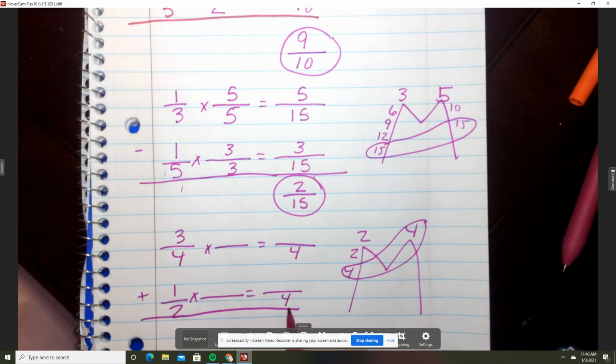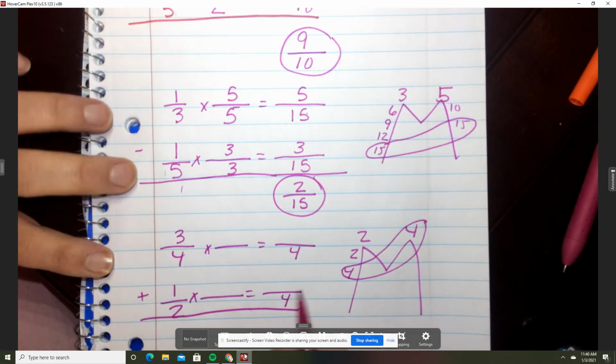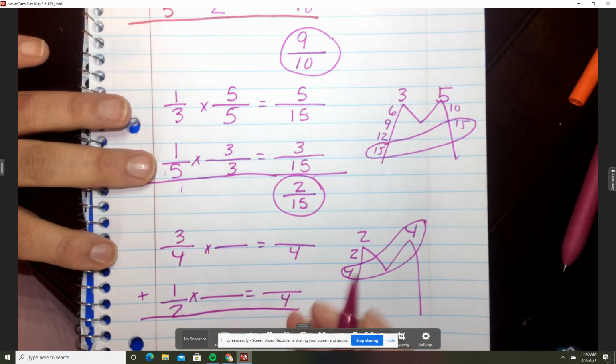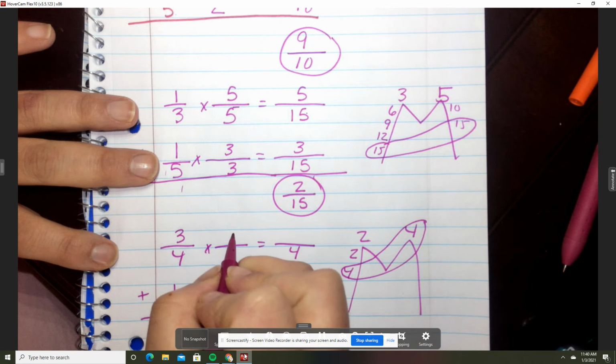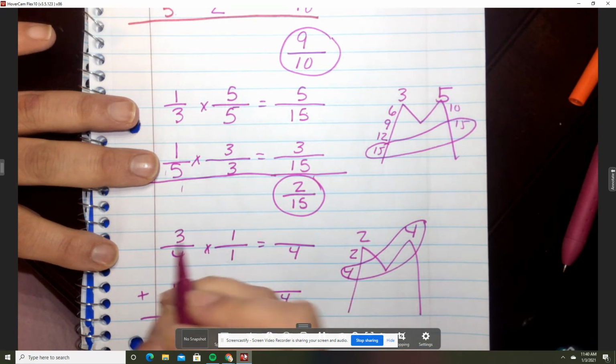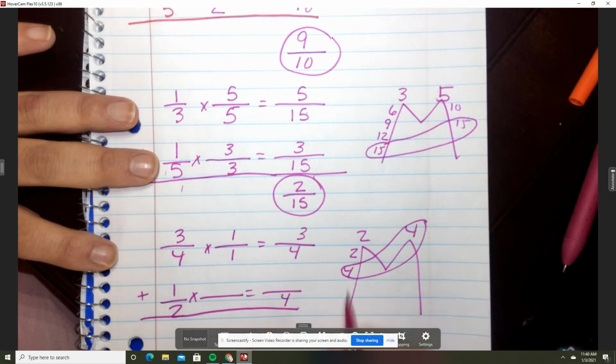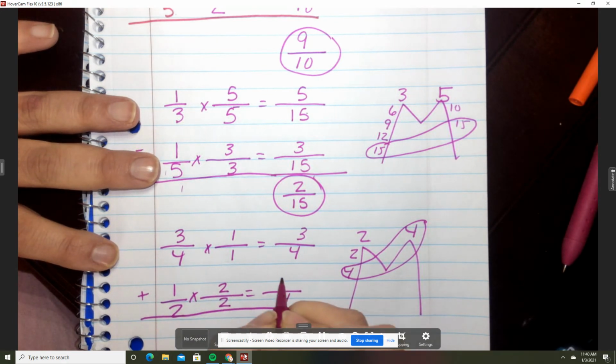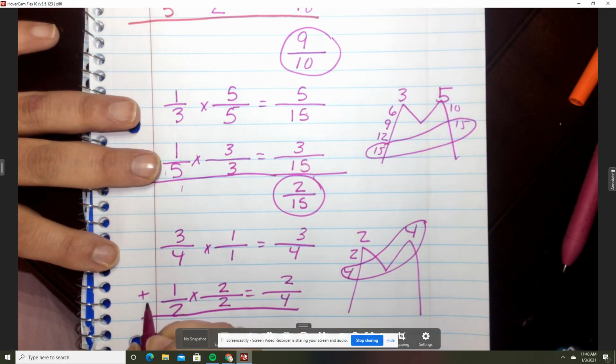Now that you've got your new denominator, what did I do to 4 to get to this 4? You multiplied by 1. What you do to the bottom, you do to the top. 3 times 1 is 3. What did I do to this 2 to get to 4? You multiplied by 2. 1 times 2 is 2. We're going to add that.